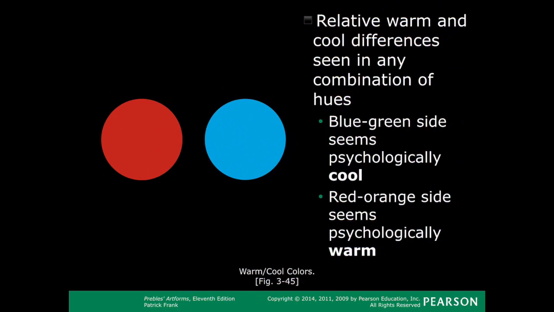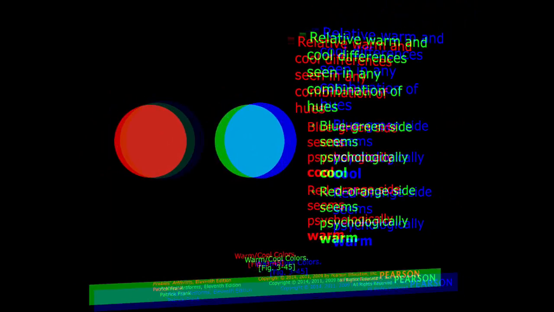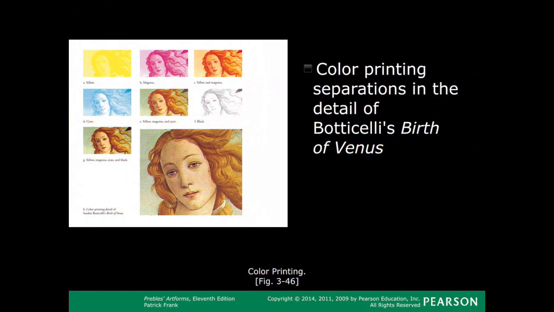And there are warm and cool colors. Cool colors are usually blue, green, and purple, while warm colors are yellow, orange, and red. And here is an example of how color is mixed when it comes to printing.